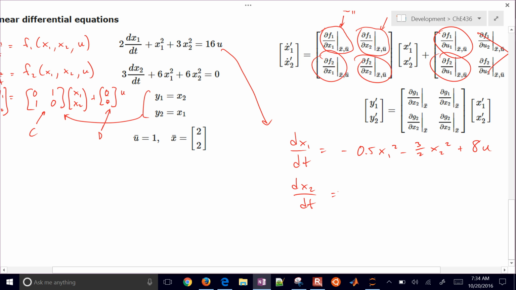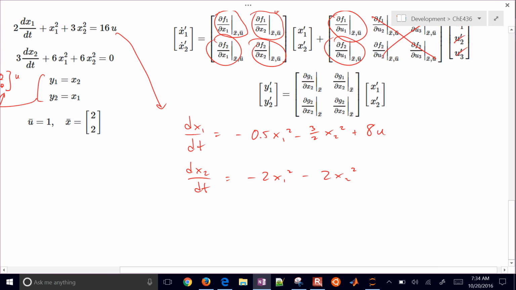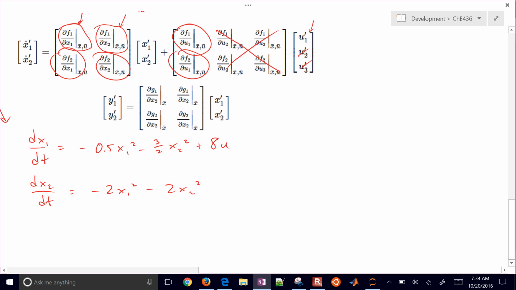And then the second equation is going to be negative 2x2. So there's our second equation. We want to take the partial of each function. So this is going to be f1 of x1, x2, and u. And this is going to be f2 of x1, x2, and u. There's no u there.